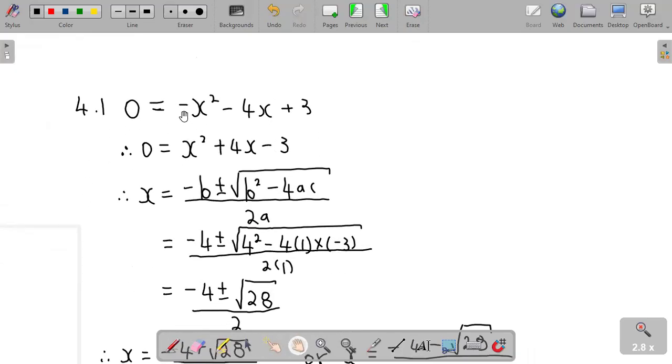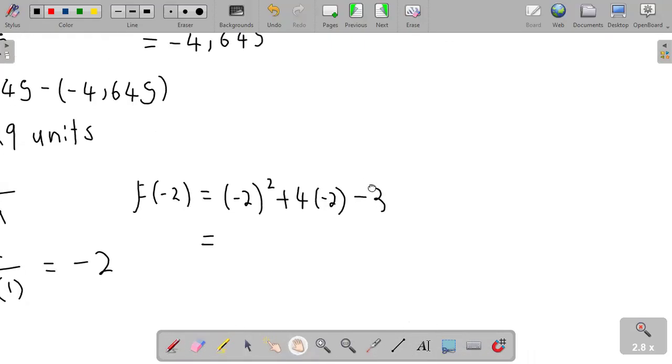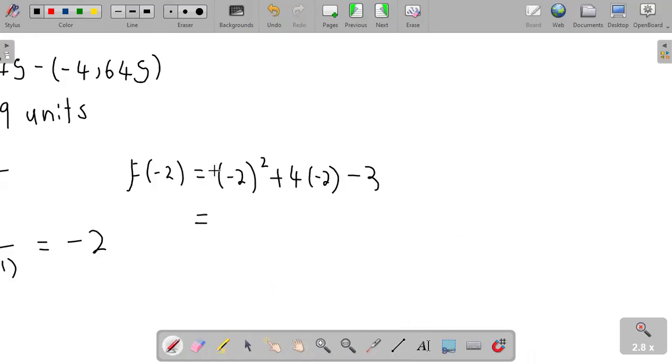Here it's going to be negative, and then here it's going to be a plus. We use the original equation. So it gives us negative 4 plus 8, and so it's going to be 7.